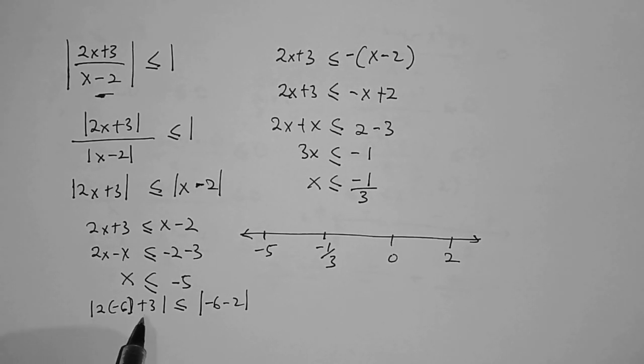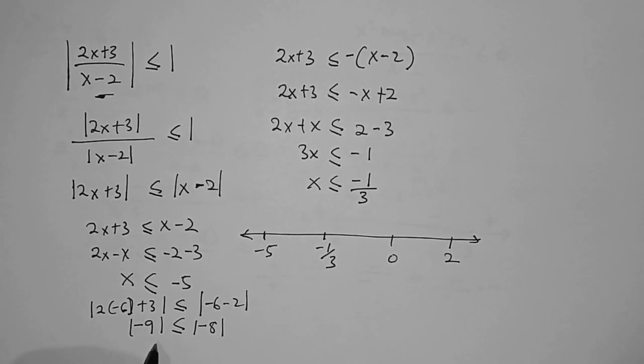Minus 12 plus 3 is minus 9, less than or equal to minus 6 minus 2 equals minus 8. So absolute value of minus 9 is 9. But 9 is not less than or equal to absolute value of minus 8, which is 8. So this is not one of the required regions.